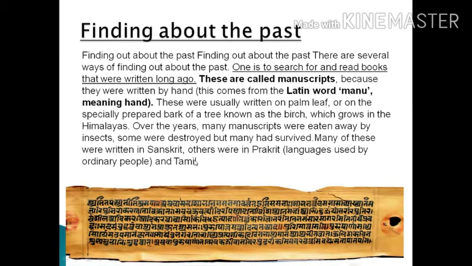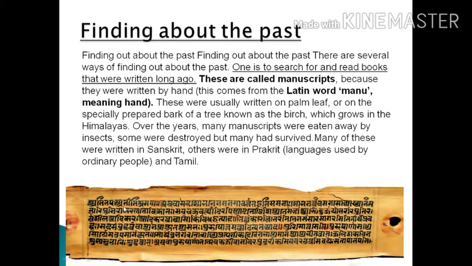Since manuscripts were written on the leaves and the barks of trees, many of them have been destroyed. They were not able to survive because insects ate them up, but still we have some of them which are being kept in the temples and in historical places.